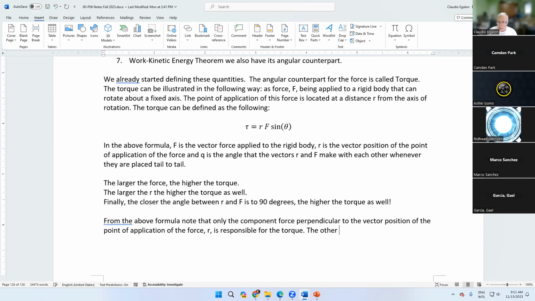The other component, parallel to R, has no torque whatsoever, produces no torque whatsoever. Okay? Note that.